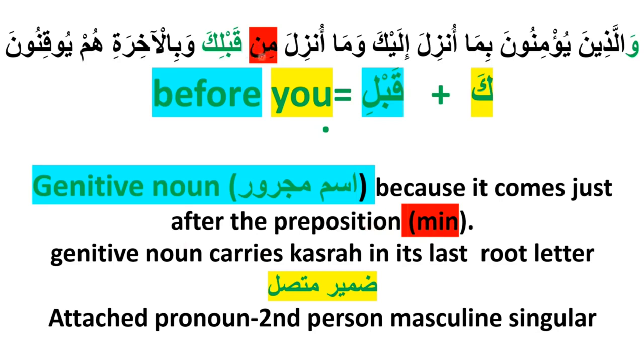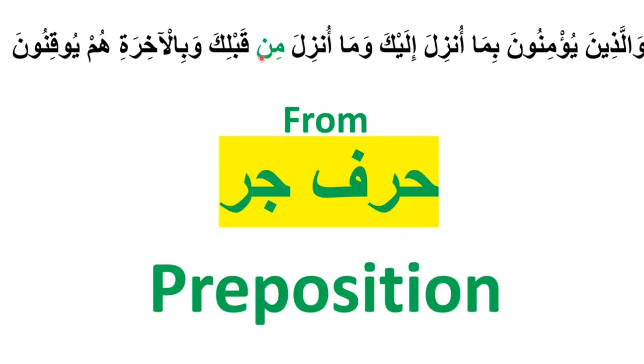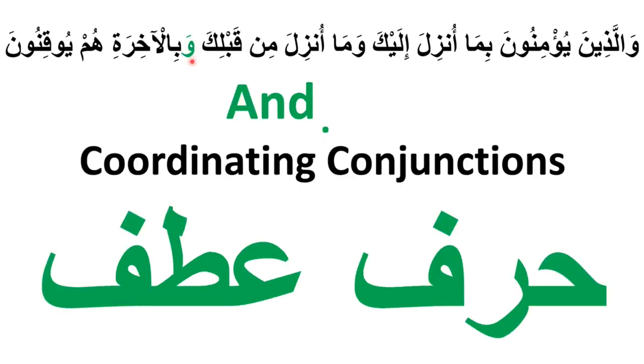Min. The genitive noun carries a kasra in its last root letter as a result of being right after the preposition min. Ka is a ضمير متصل, attached pronoun, in second person masculine singular. Min, from. Min is a harf jar, preposition. Wa, and. Wa is a coordinating conjunction, حرف عطف.